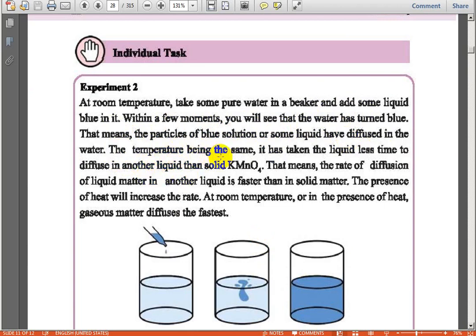The temperature being the same, it takes the liquid less time to diffuse in another liquid than solid potassium permanganate. That means the rate of diffusion of liquid matter in another liquid is faster than in solid matter. The presence of heat will increase the rate. In the presence of heat, gaseous matter diffuses the fastest.